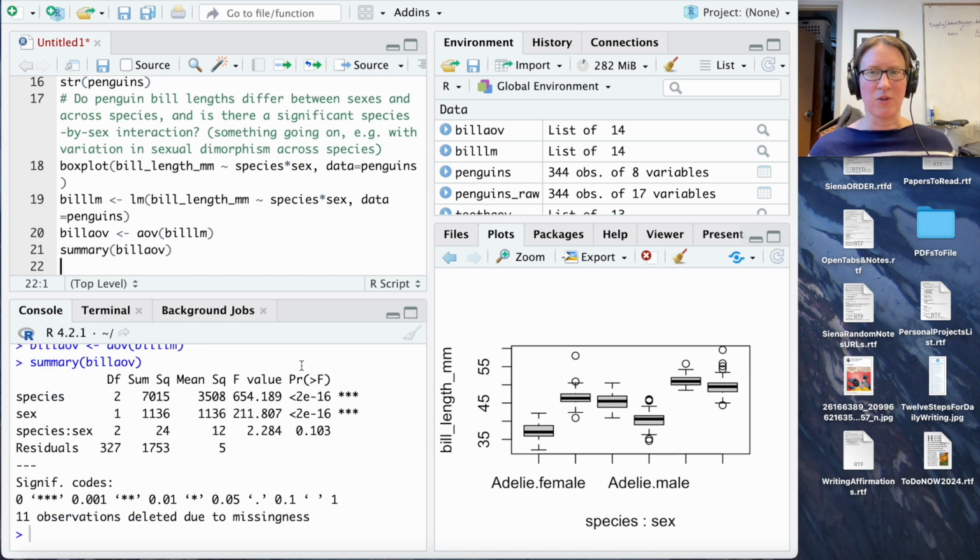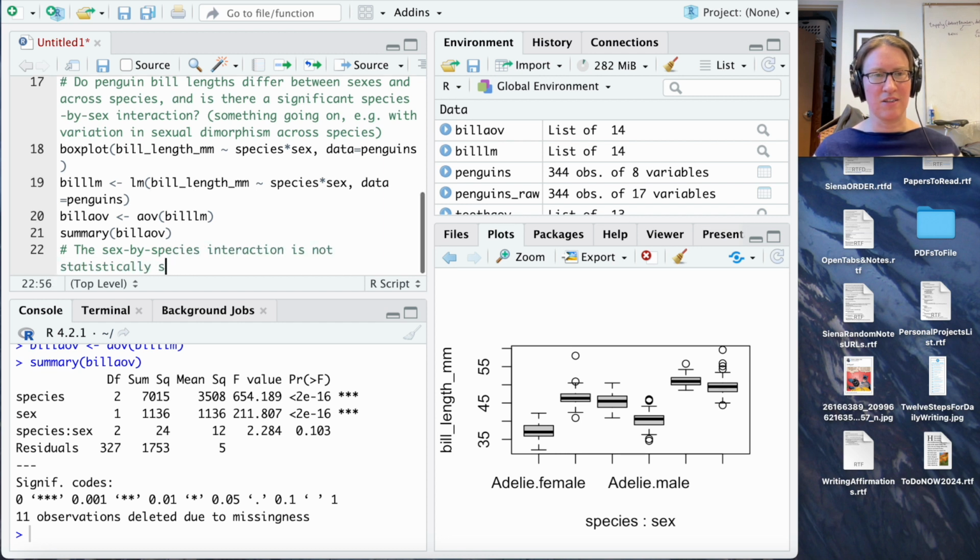And let's take a look here. So in this case, there actually is not a sex by species interaction. So I'm just going to note the sex by species interaction is not statistically significantly different. And instead in this case, we do have a species difference and we also have a sex difference.